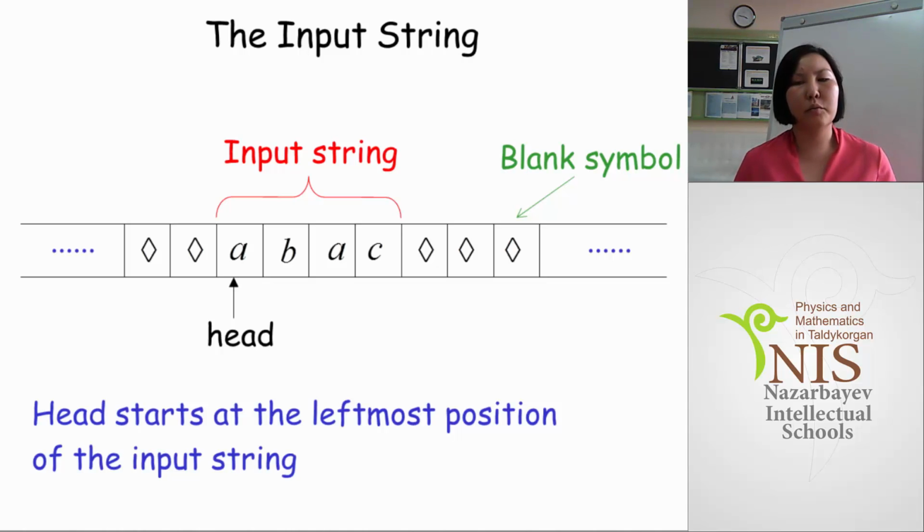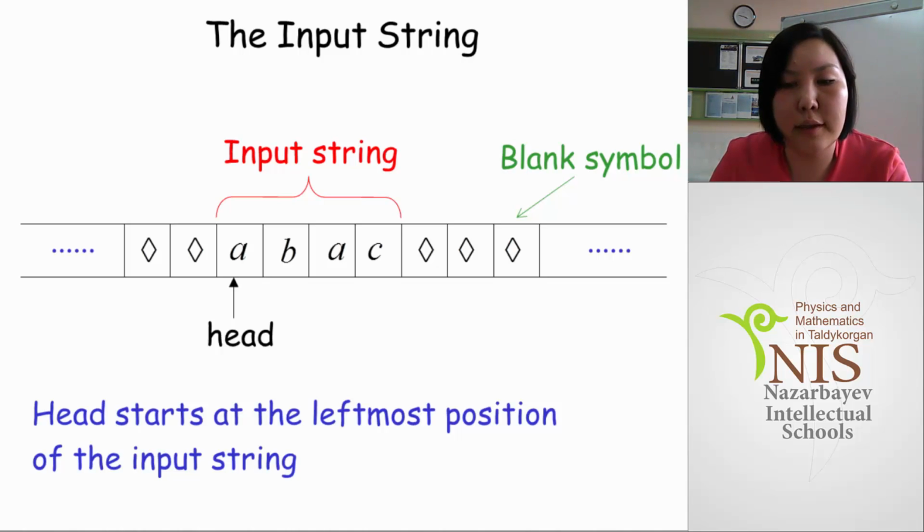They are called blank symbols. They can be represented by any letter or symbol. Here you can see they are in the form of a rhombus. The head usually starts at the leftmost position of the input string.